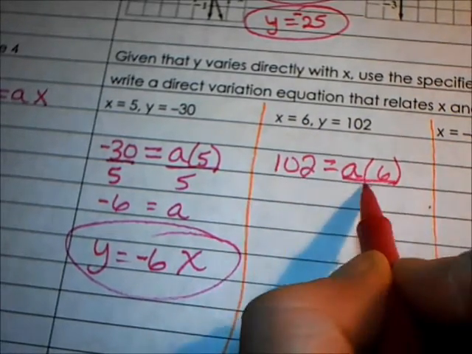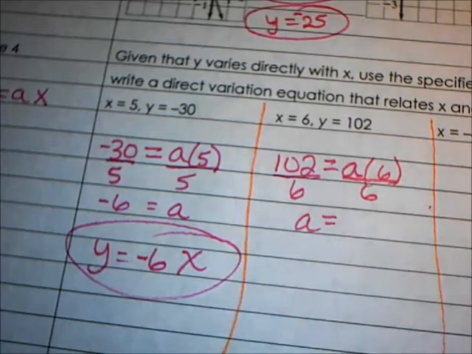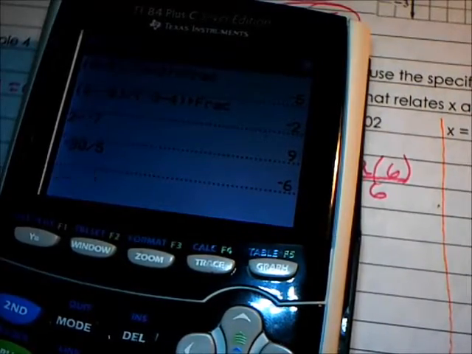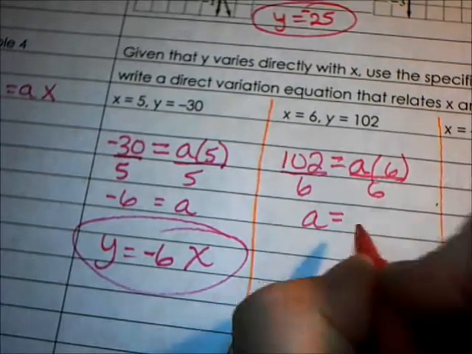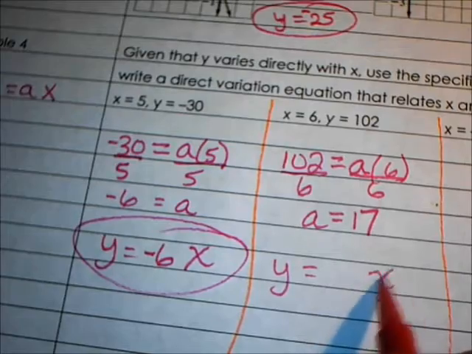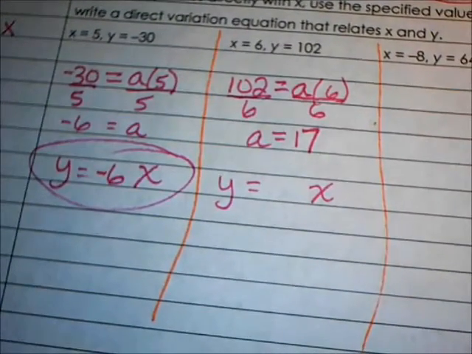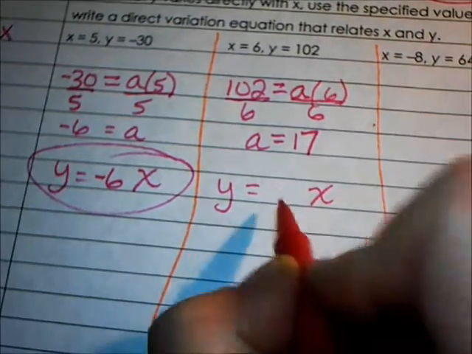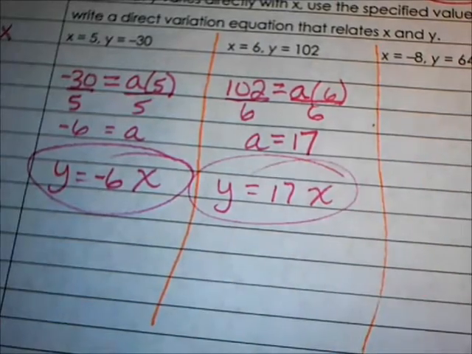So that means I'm going to divide by 6, and a equals, what is 102 divided by 6? That would be 17. So my equation will be what? Y equals 17x.